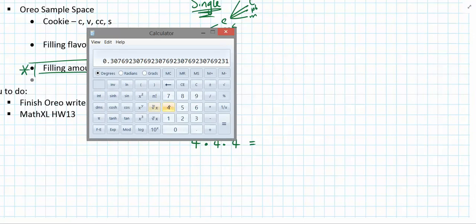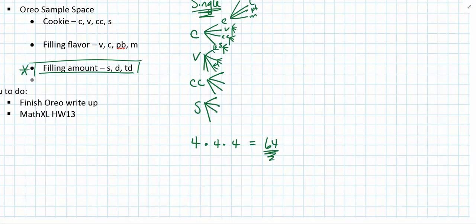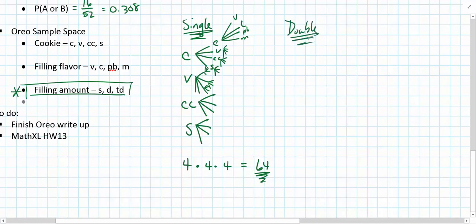By multiplying 4 by 4 by 4, this tells us that we have 64 different ways that we can make a single filled Oreo.